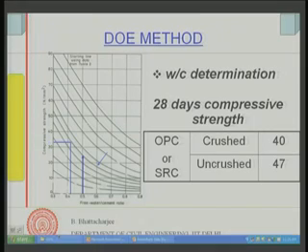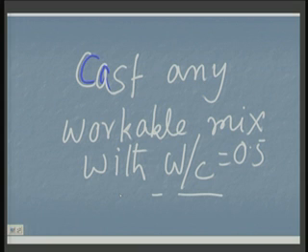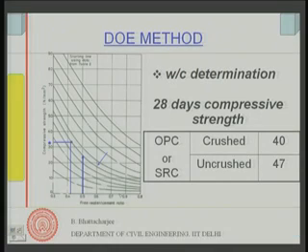How do we find it out? First of all, I find out which is my curve, and to do that I first cast any workable mix with water cement ratio 0.5, find out the strength and identify this curve. Now, I know my target mean strength.